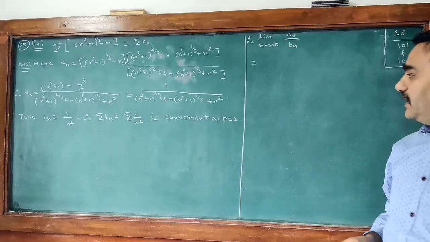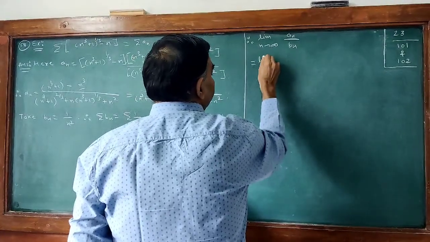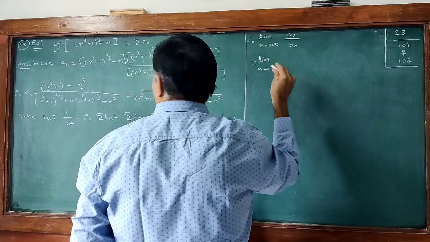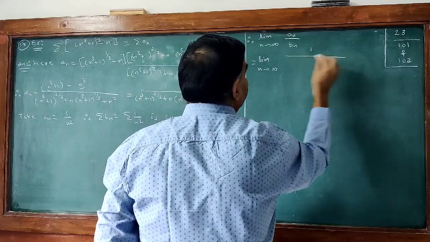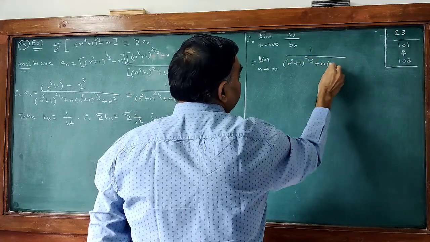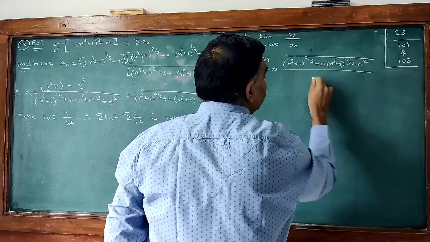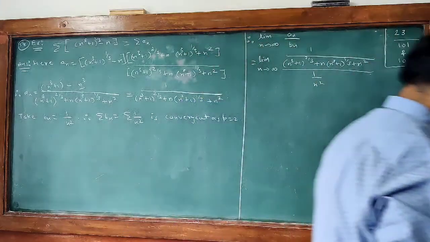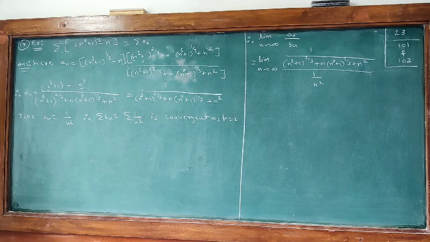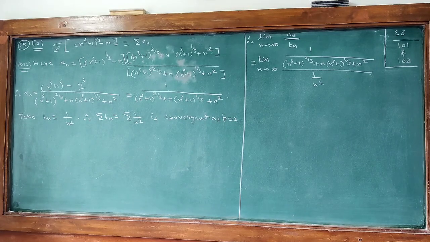Obviously, we are going to use the limit comparison test, and by that we put the values of an and bn. 1 upon n cube plus 1 to the power 2 by 3 times n cube plus 1 to the power 1 by 3 plus n square, upon 1 upon n square. Now simplify it. If you can, go ahead with the calculation.